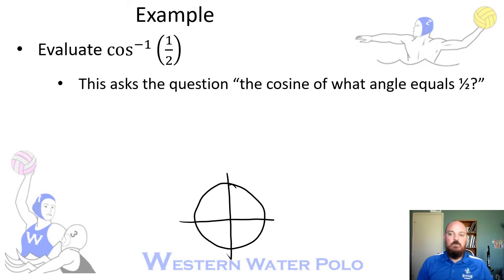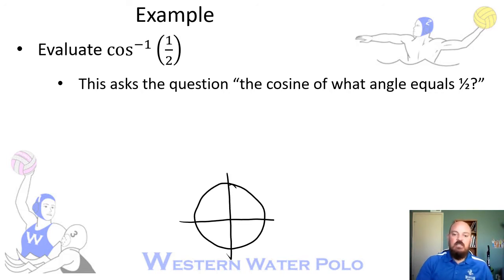I want cosine to equal positive 1/2, so my answer is definitely on the right side of the unit circle. Definitely. Because remember, cosine is a horizontal component. It's positive to the right, negative to the left. Now, if cosine equals 1/2, remember 1/2 is the smallest value on the unit circle. So basically that's like one step over.